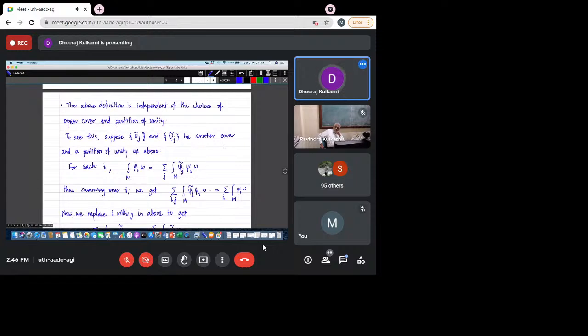So this is your U_i, and for fixed i, these are the U_j tildes; they are going to cover this U_i. So I am going to focus on overlaps in the following way. The integral of psi I times omega can be written as the sum of integrals of psi j tilde times psi I omega.